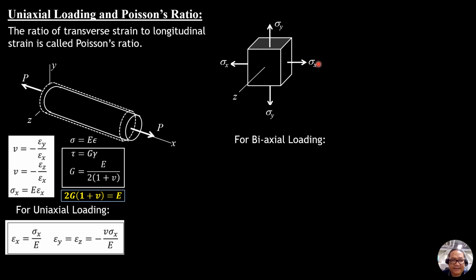So strain x is sigma x over E, then plus the negative Poisson's ratio times sigma x over E. The same is true along the z-axis. Strain x is equal to sigma x over E, then minus Poisson's ratio sigma y over E.